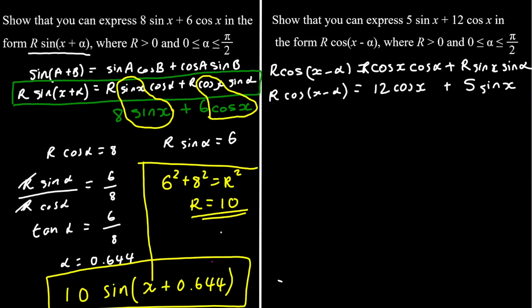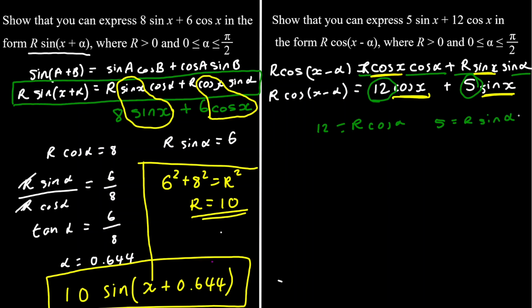So let's compare. We've got cos x here and cos x here, sin x here and sin x here. So what's left? 12 equals r cos alpha, and 5 equals r sin alpha.